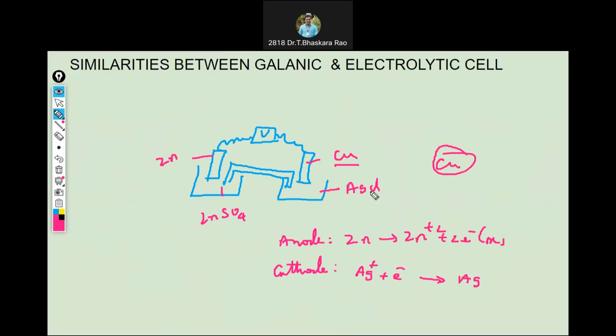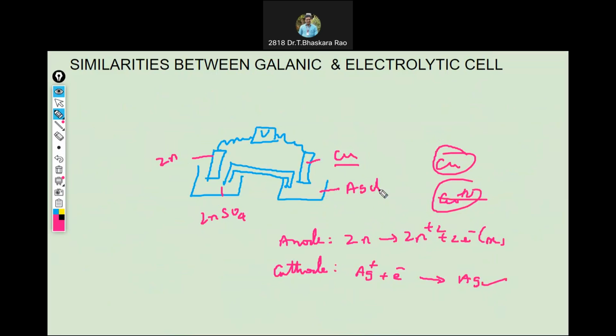If I had taken copper sulfate solution, copper plus 2 ions would be present and would be reduced. But I took silver chloride solution, so silver will be reduced. No copper ions are there, so it cannot be reduced. This is the correct reaction.